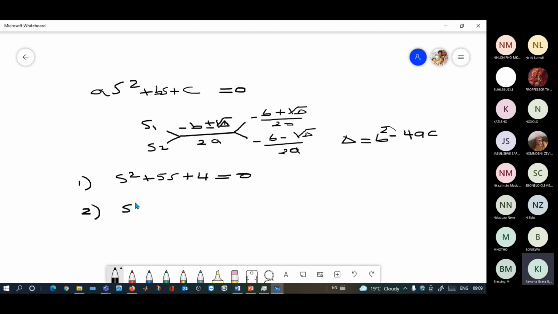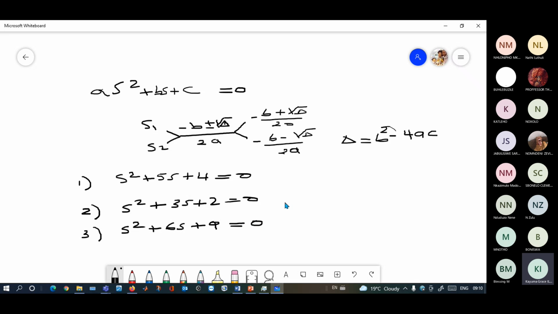Then s squared plus 3s plus 2 is equal to 0, and number 3 is s squared plus 6s plus 9 is equal to 0.